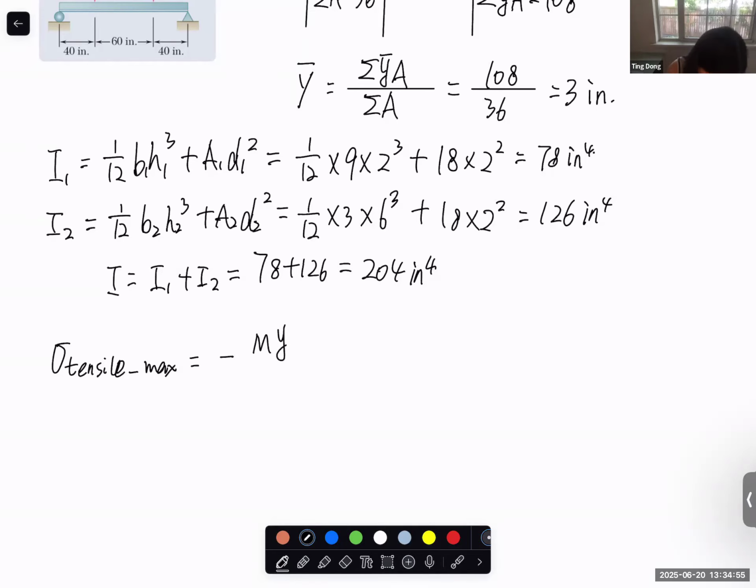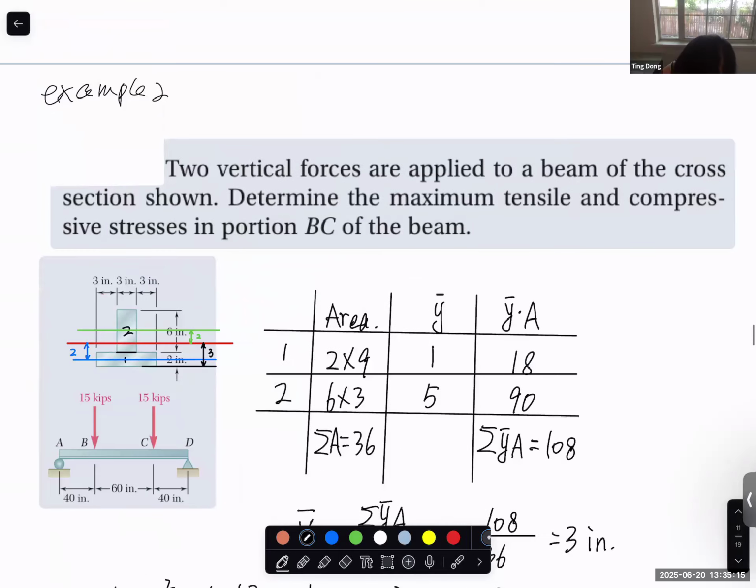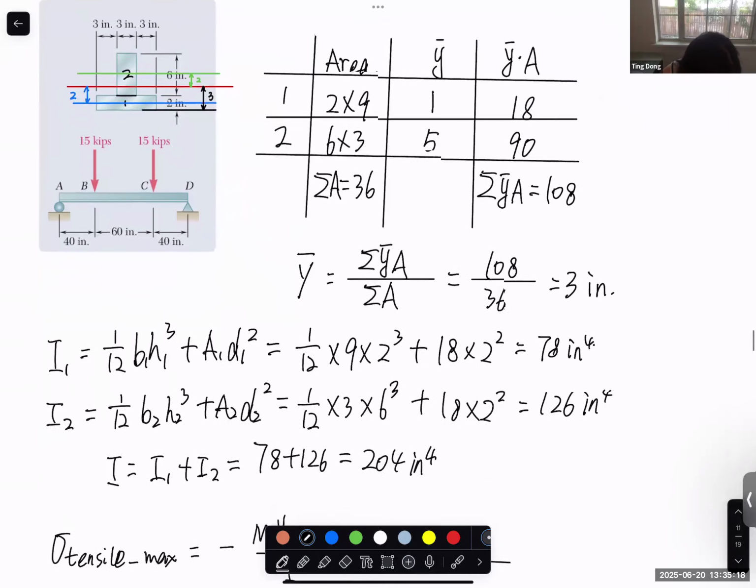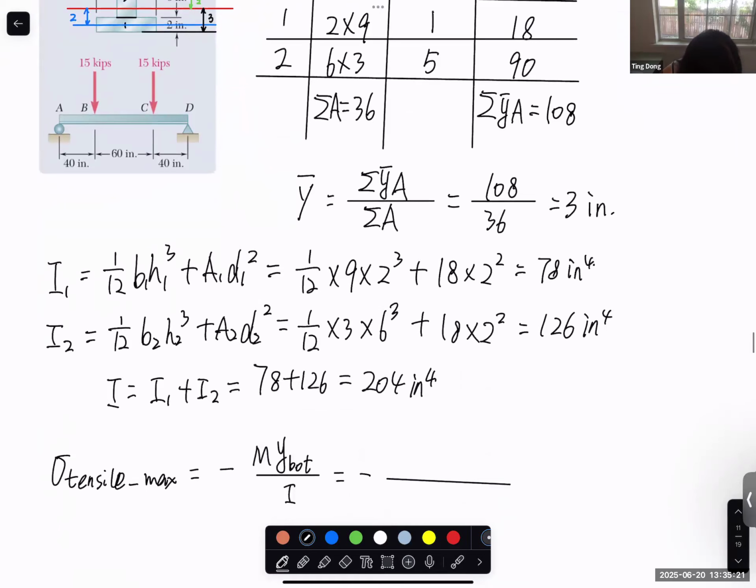Since he just said the maximum tensile should be at the bottom surface, I use the subscript bottom, over I. Bending moment. What is the bending moment I should use? Yes, yes, 15 times 40.